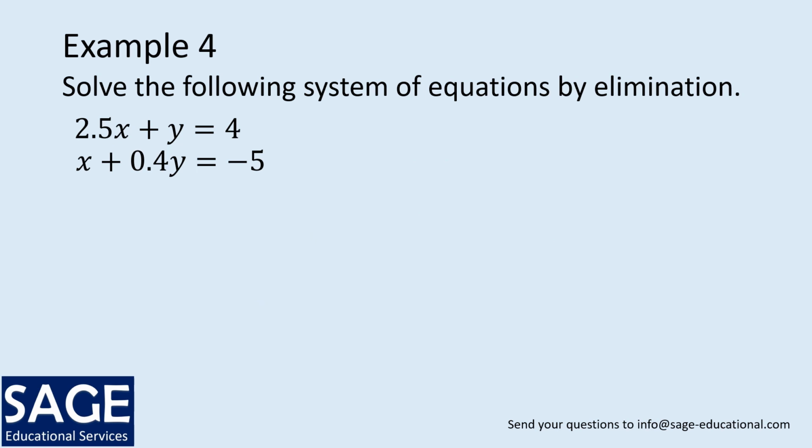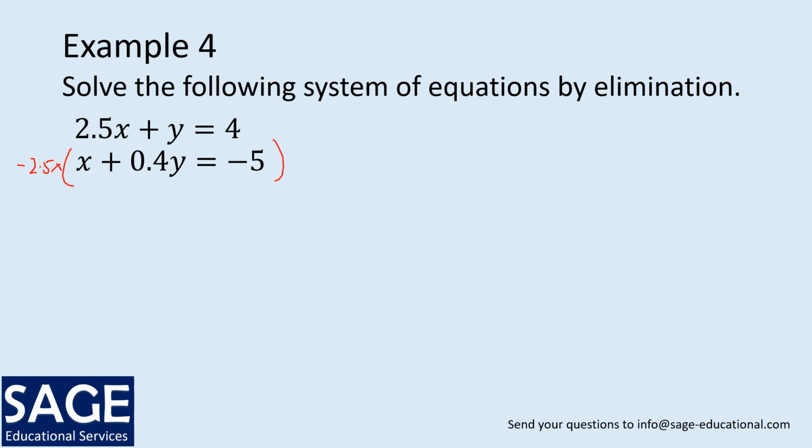Here's another system. Again, I cannot eliminate any of the variables directly. However, if I multiply the second equation by the opposite of the coefficient of x, which would be negative 2.5, then the second equation can be added to the first equation to eliminate x.